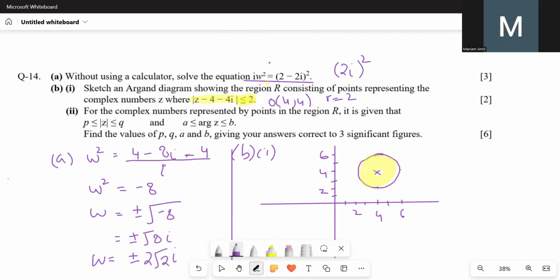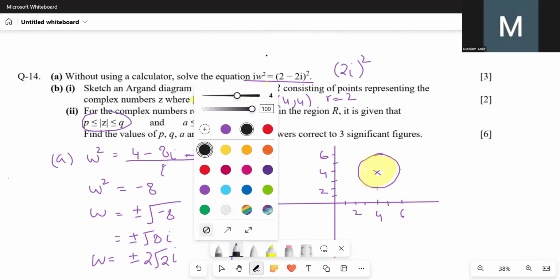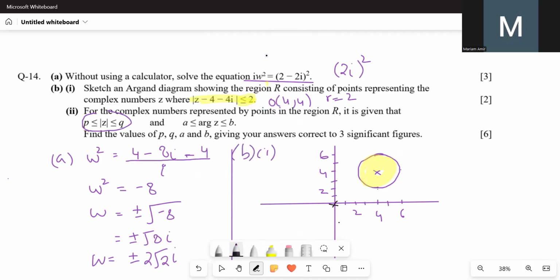For the complex number represented by the points in region R, it is given that modulus of Z goes from P to Q. That means the smallest value of modulus of Z in this shaded region is P, and the highest value of modulus of Z is Q. So modulus of Z again is the distance of any of the complex numbers in the yellow region from the origin.